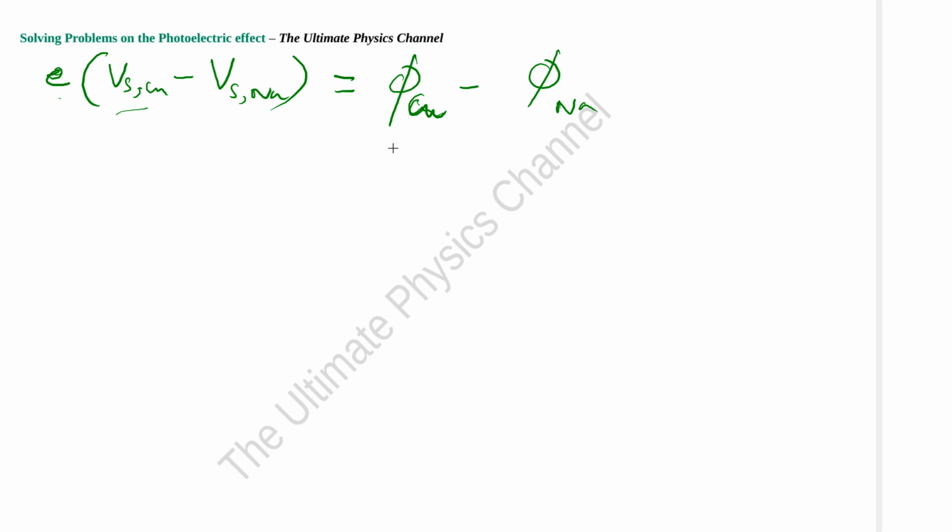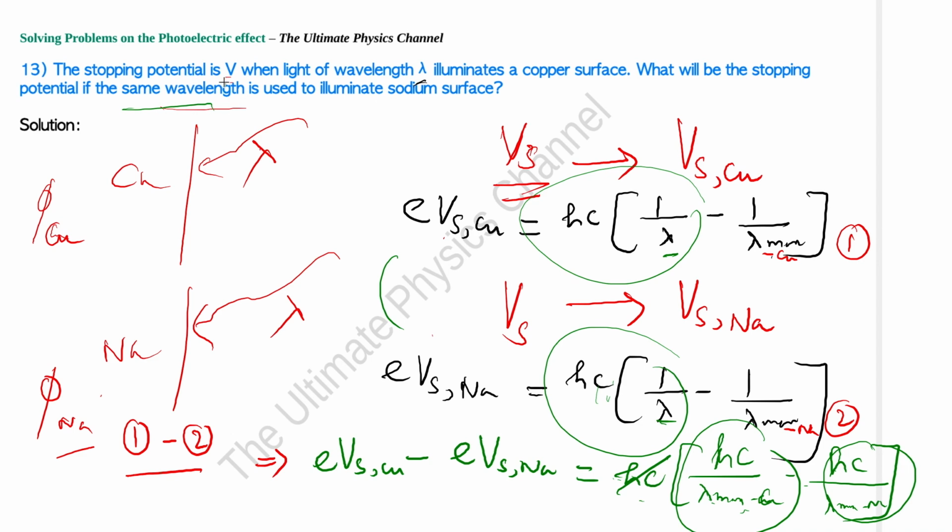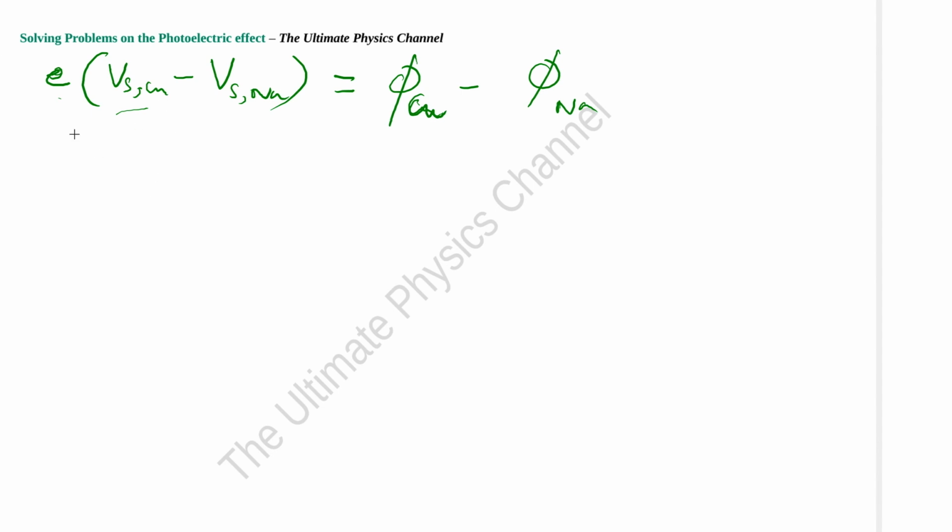We have been given the stopping potential for copper in the question. If you see, the stopping potential is V when lambda illuminates the copper surface. So in this particular case, this has to be taken as V. So e times V minus Vs Na, accordingly, we rewrite this.